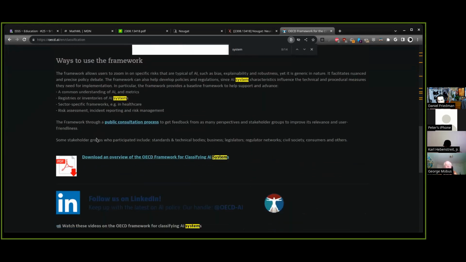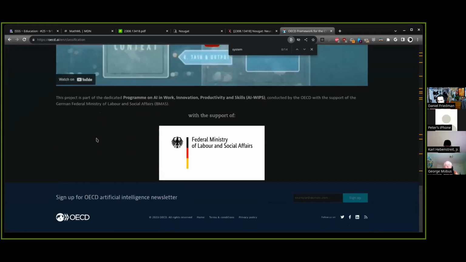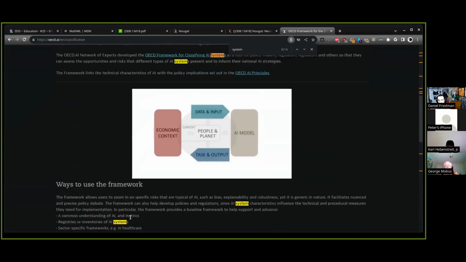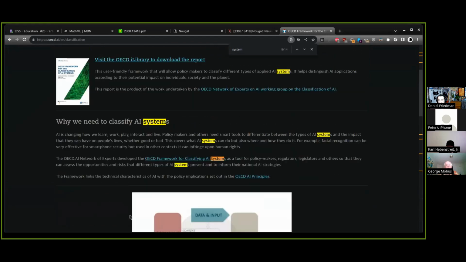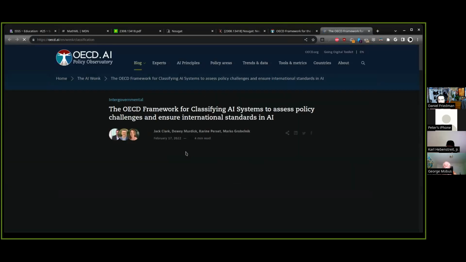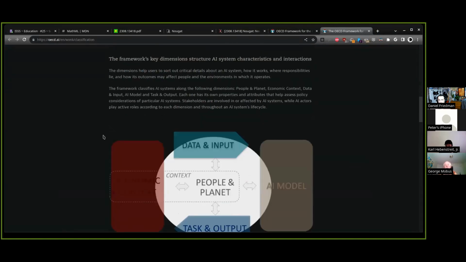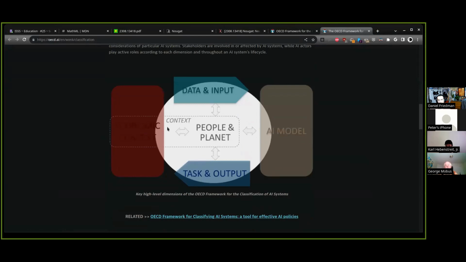I see it in some reports, but I have never really known much about them. Okay, they did develop the classification. Okay, high level dimensions, it's a Markov blanket.